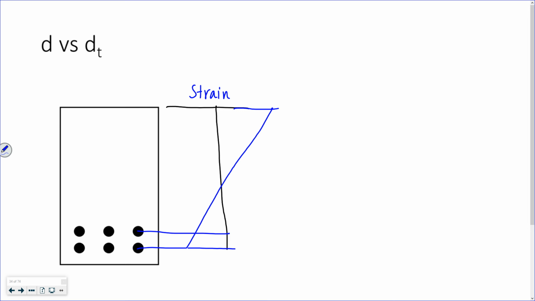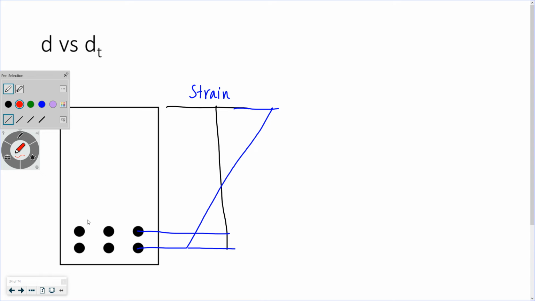If I look at the strain profile, if this is layer 1 and this is layer 2, the strain in the steel of layer 2 is different than the strain in the steel of layer 1.